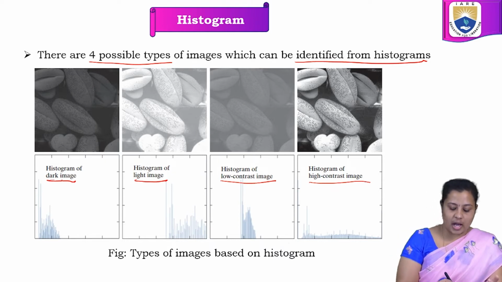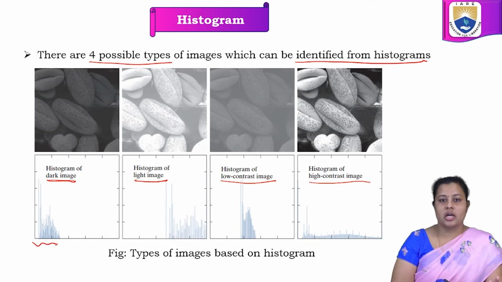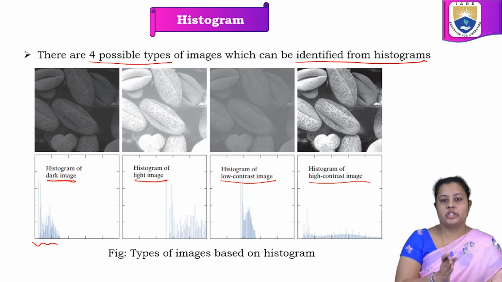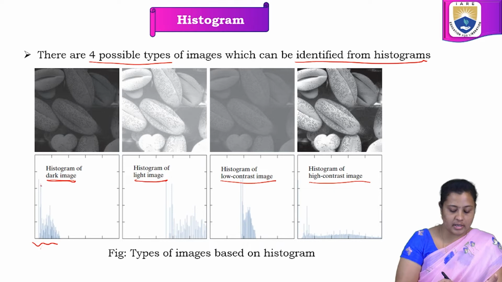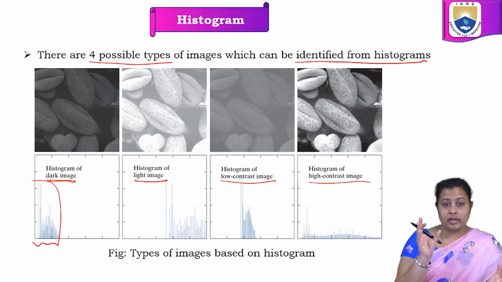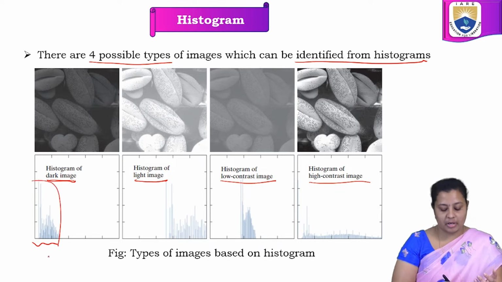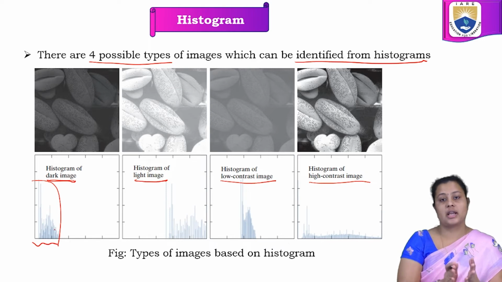If I have a dark image, all my histogram plots are concentrated towards the left side of the plot, and the bandwidth or range of intensity values occupied by the histogram plots is very narrow.